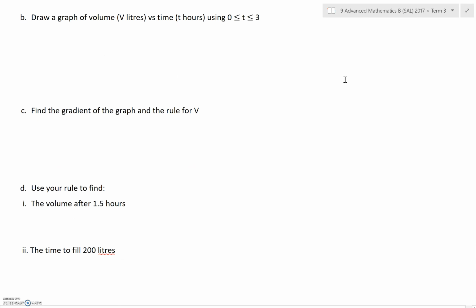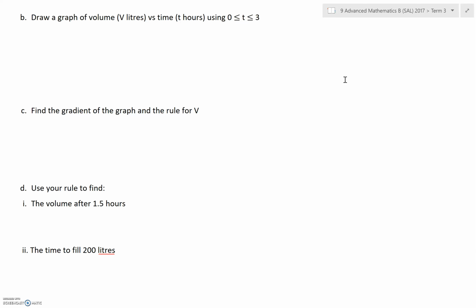Next one: draw a graph of volume V litres versus time T hours using 0 is less than or equal to T, which is less than or equal to 3. What that means is we only want values for T, which is going to be on our x-axis, between 0 and 3.